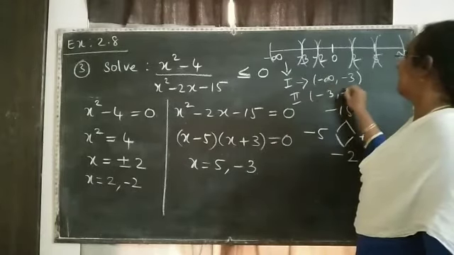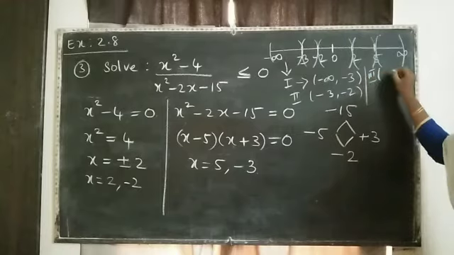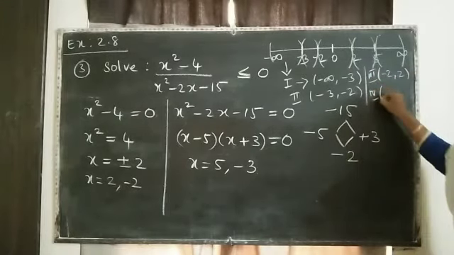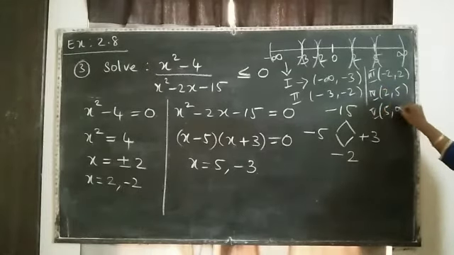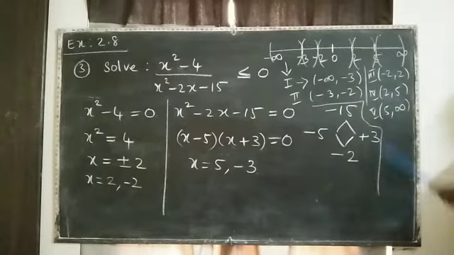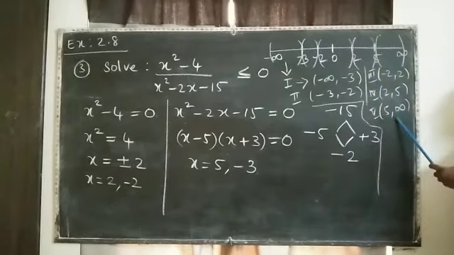Minus 3 comma minus 2. Yes or no? What is the third one now? Minus 2 comma plus 2. What is the fourth one? 2 comma 5, and the fifth one is 5 comma infinity. Yes or no? So we have divided the number line into 5 different intervals.